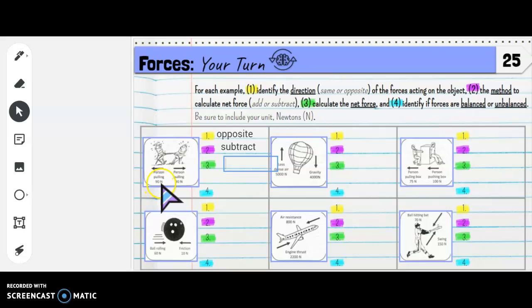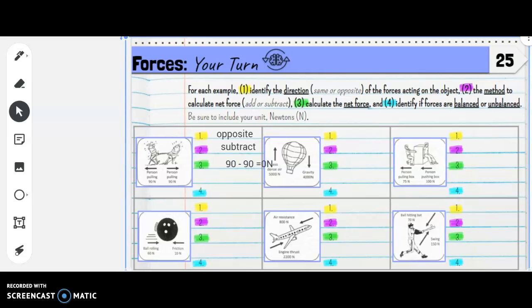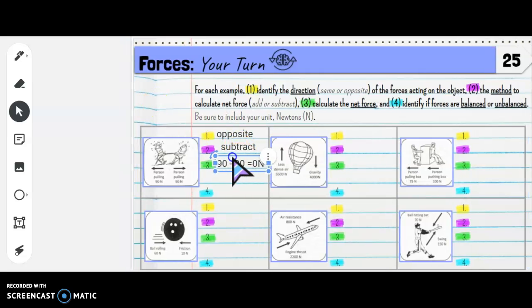I have 90 newtons minus 90 newtons. So 90 minus 90 gives us 0 newtons. So for the last part, it says to identify if the forces are balanced or unbalanced. Since the net force is 0, that means the forces are balanced.